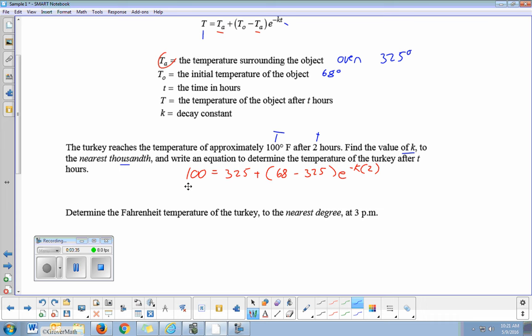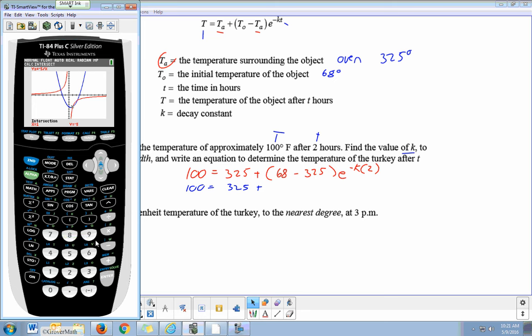But now let's clean it up a little bit. Let's keep the 325. First thing I would want to do is clean up this 68 minus 325 here. That's going to give me a negative value. 68 minus 325 gives us negative 257.